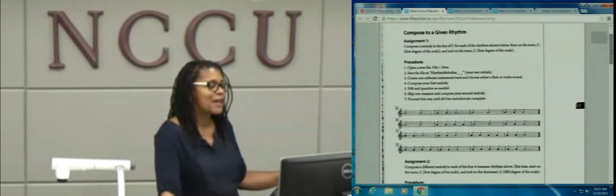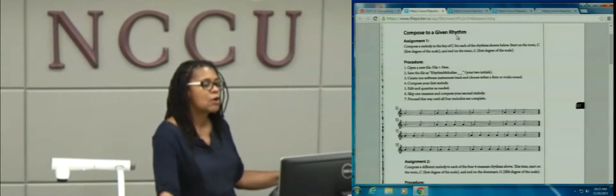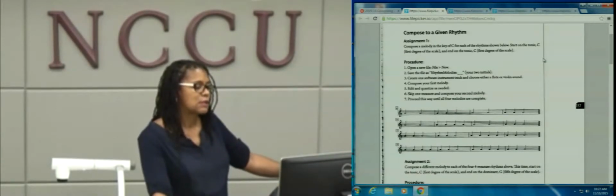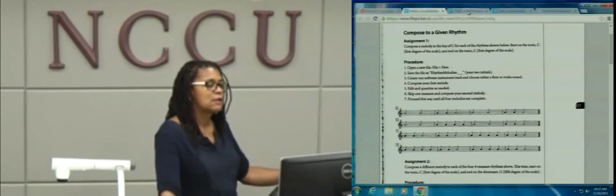Okay, so assignment 1 was to compose a melody in the key of C for each of the rhythms shown below. So we see that she used the rhythms that were here, but used her own pitches. Start on the tonic C and end on the tonic C. So let's look.